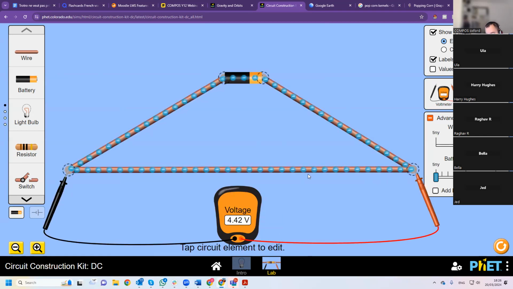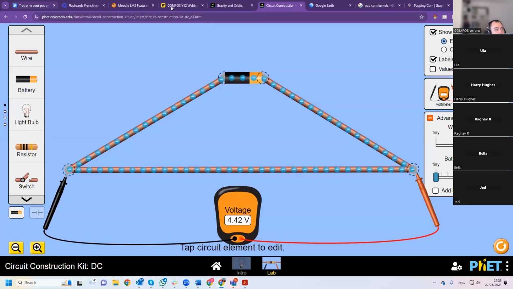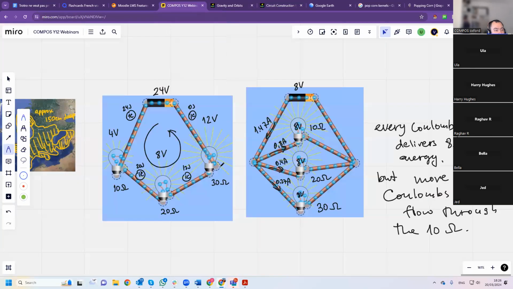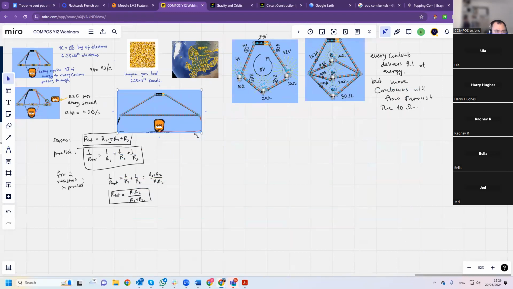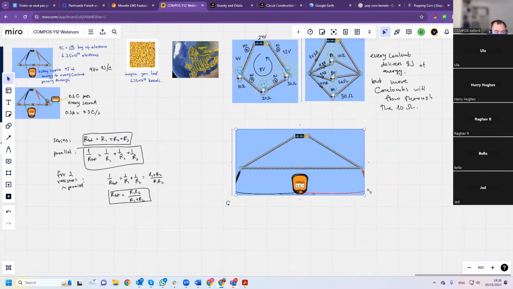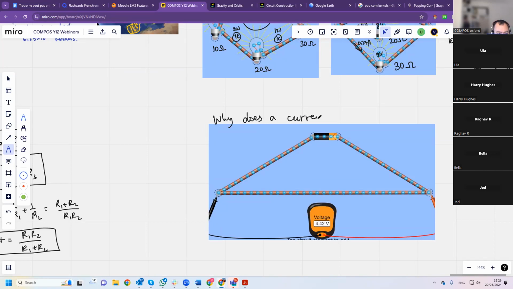So if I look inside this wire, the wire is full of electrons. They're free electrons, because that's how metals work. Why does a current flow? Well, this is a battery, so this is plus, this is minus.